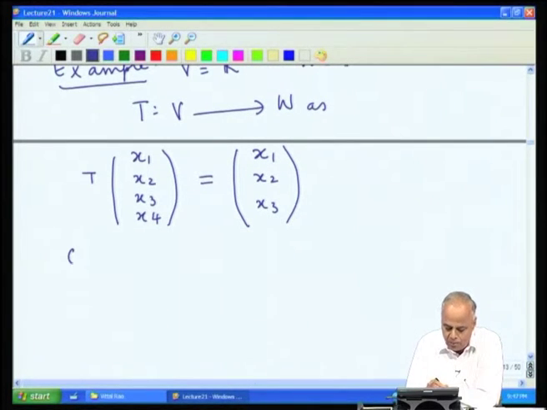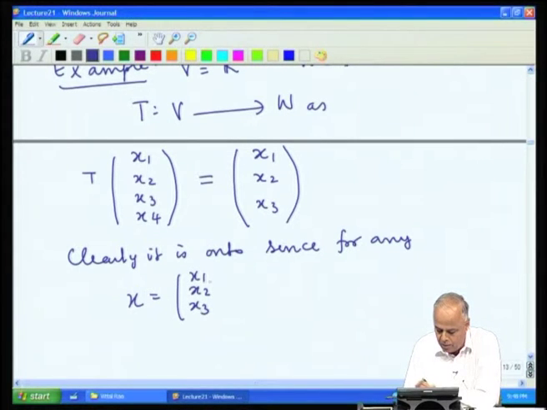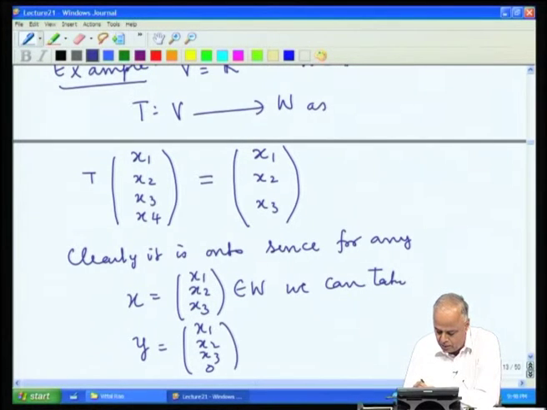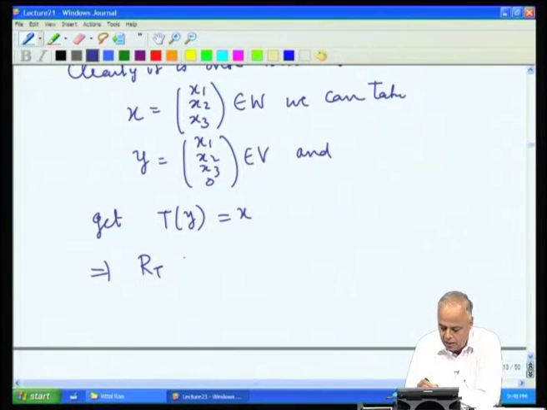Then clearly it is onto, since for any x equal to x 1, x 2, x 3 belonging to W, we can take y to be x 1, x 2, x 3, 0 in V and get T y equal to x, and therefore, range of T is W, which simply says T is onto.